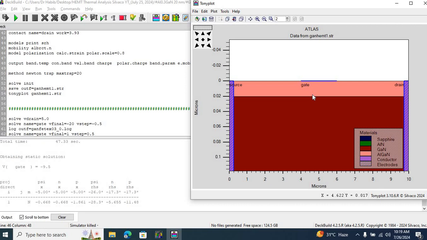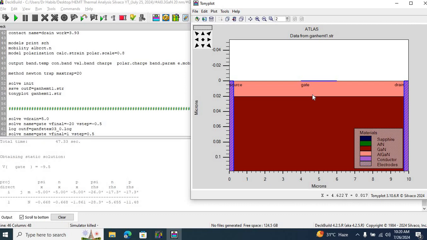So why are the polarization charges created over here? Due to two effects: the spontaneous polarization, which is due to the hexagonal structure of the gallium nitride and aluminum gallium nitride. There is a natural asymmetry in the hexagonal structure of the gallium nitride and aluminum gallium nitride layers, resulting in spontaneous polarization.